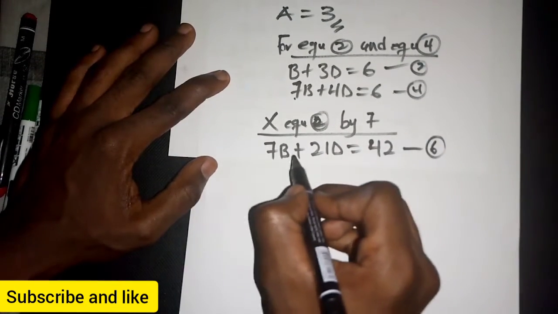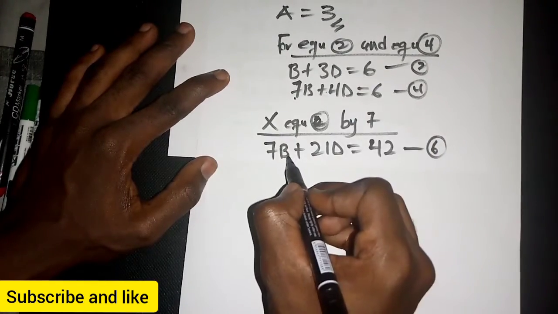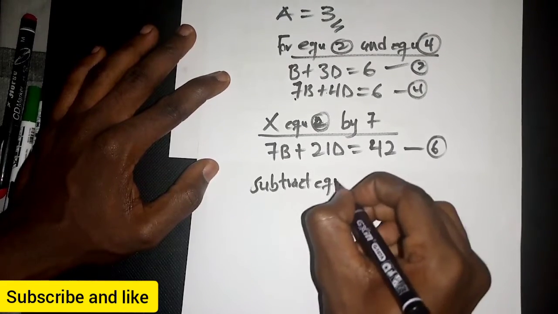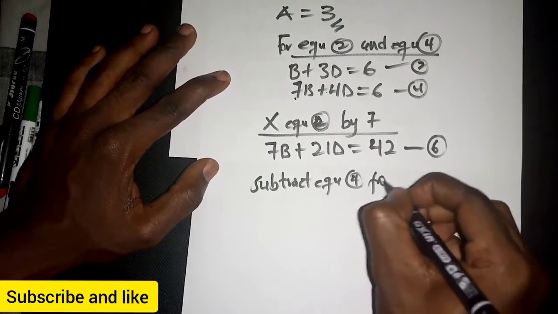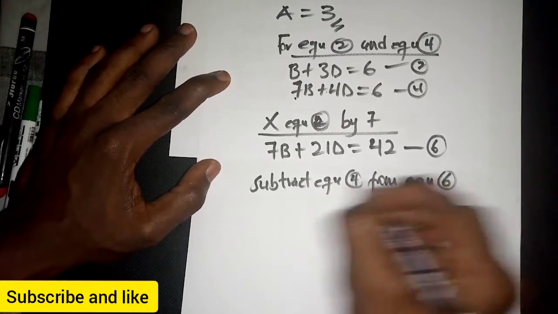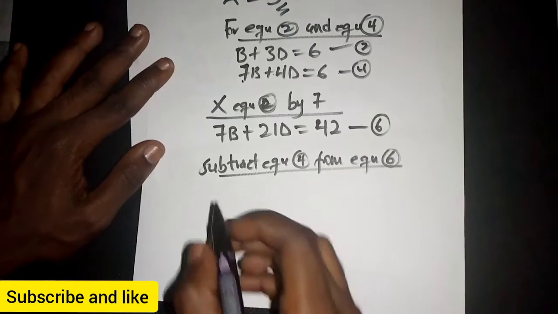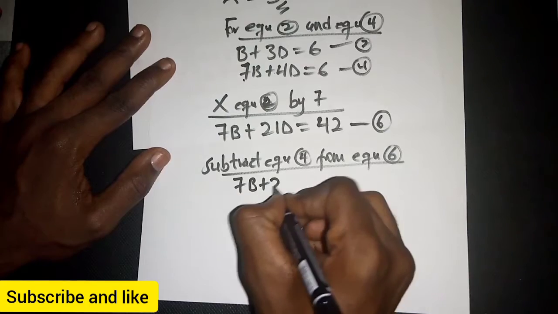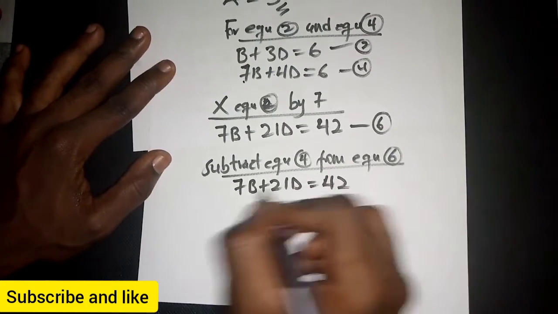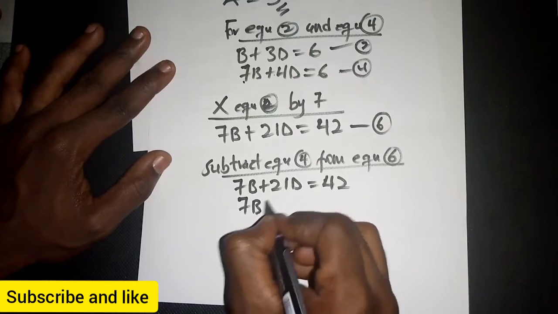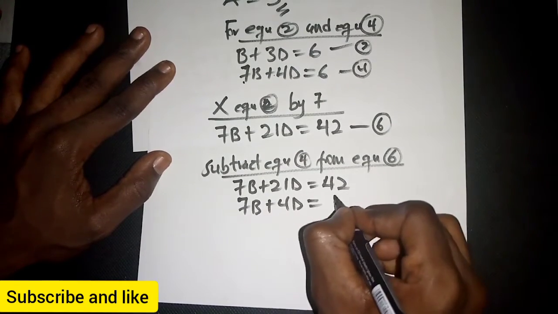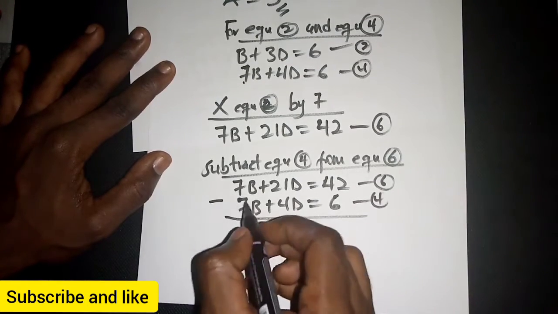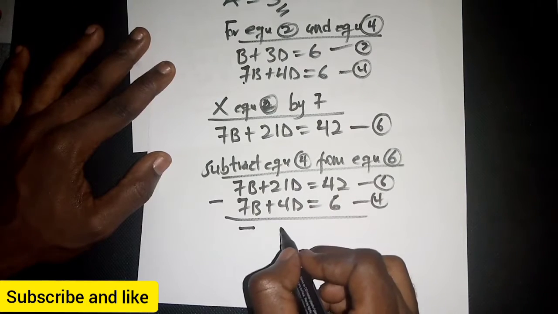Now we are going to compare it to equation 4, so we subtract equation 4 from equation 6. So subtracting that, we have equation 6 as 7b plus 21d equal to 42. Then we have 7b plus 4d equal to 6. This is equation 6 and this is equation 4. So we subtract, this goes away, then we have 17d.